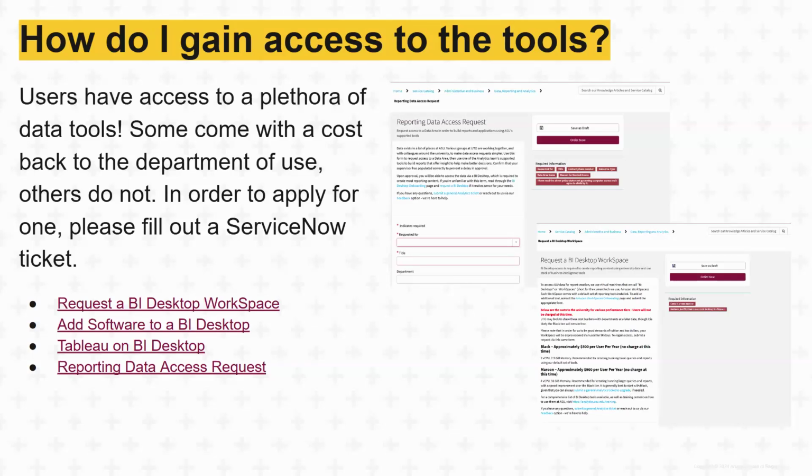We have add software to a BI desktop. So as we were mentioning, something like Alteryx or Tableau, there is some type of payment for certain tools such as Alteryx. There is a cost associated with the license. So we have to request that through that form. Same with Tableau. And then lastly, the reporting data access request. And that's what I was mentioning with the analytics groups.